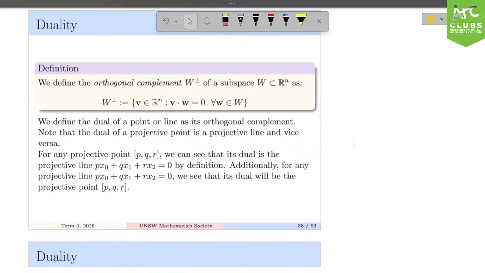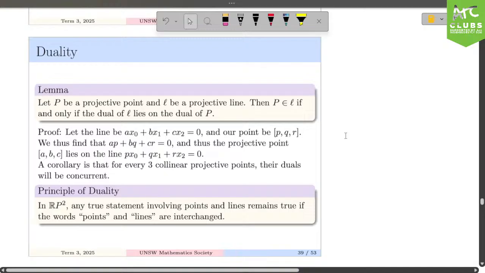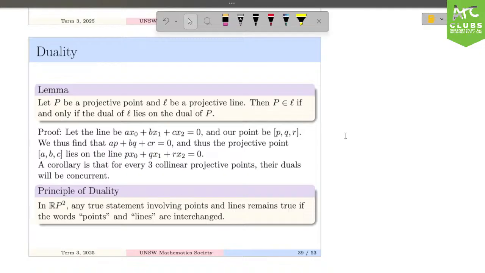This means that for any projective point or line, if we take the dual twice, we obtain the original thing. Okay. And finally, we come to the most important property of duals, which is the principle of duality in the projective plane.